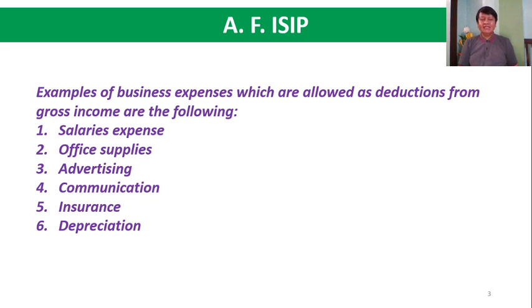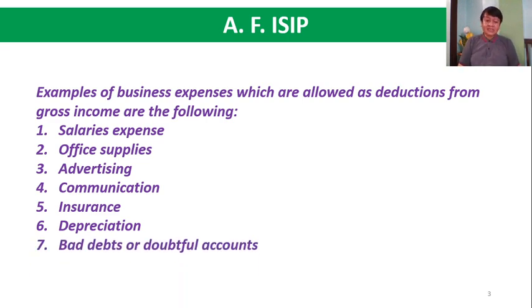You will divide 500,000 pesos by 10 years. The result is 50,000 pesos. That 50,000 pesos is your annual depreciation expense. And that depreciation expense is allowed by the BIR to be one of your deductions or expenses.